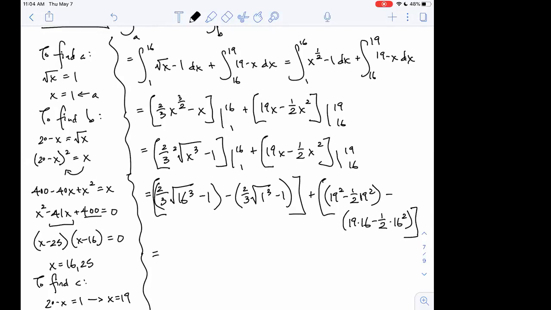So 16 times 16 times 16 is the same as 16 cubed. Minus, this is going to be 2/3 plus 1 plus 19 squared minus half of 19 squared.